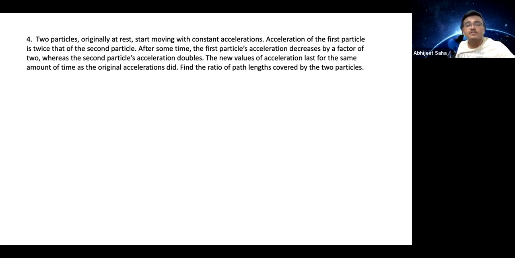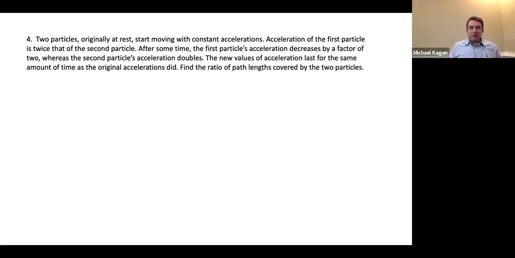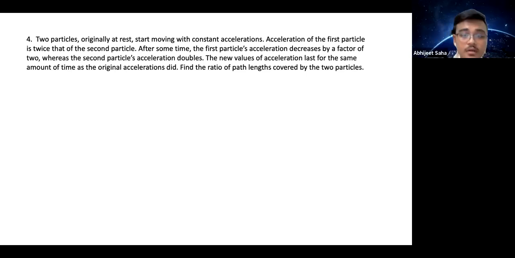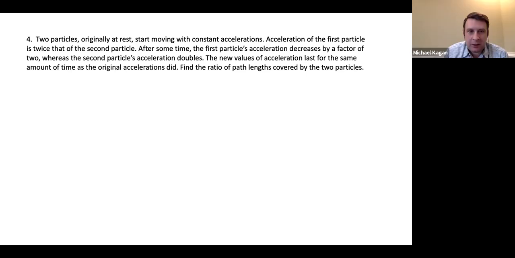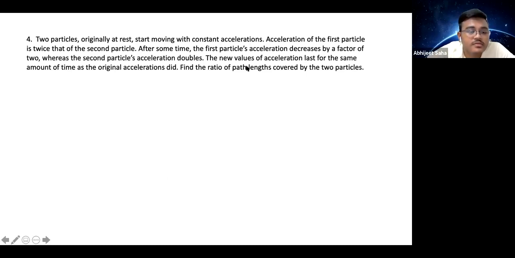Find the ratio of the path lengths covered, but well, it depends on which order you take it. Yeah, if you take first over second. First is the one that went faster originally. Oh wait, I didn't read it that way. Oops. Hold on.